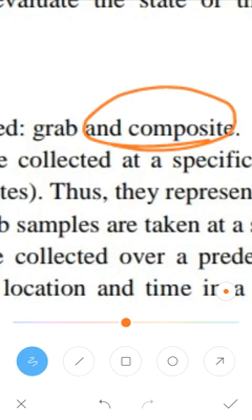The advantages of composite samples include reduced cost of analysis, a larger number of samples, and more representative samples of heterogeneous matrices, especially when the amount of test sample is very limited.